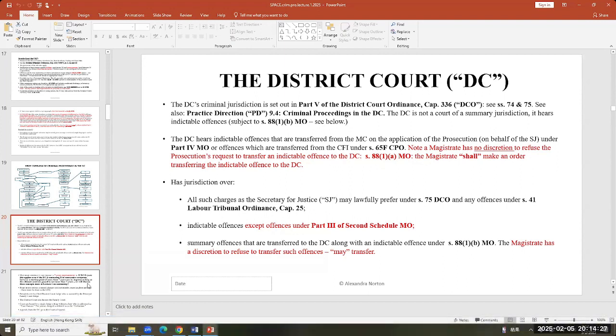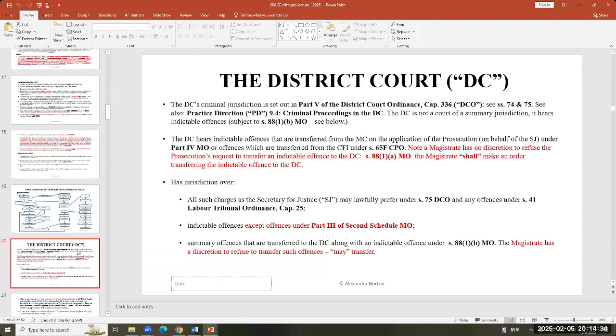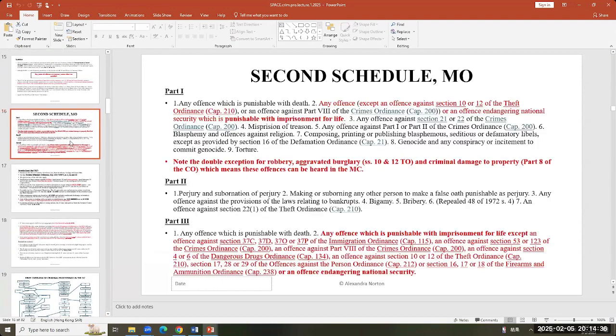So the district court hears indictable offenses as long as they are not listed in Part 3 of the Second Schedule. If we go back to Part 3, you can see paragraph 2: any offense which is punishable with imprisonment for life, except, and then we have a whole long list.